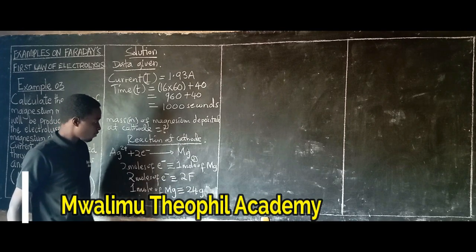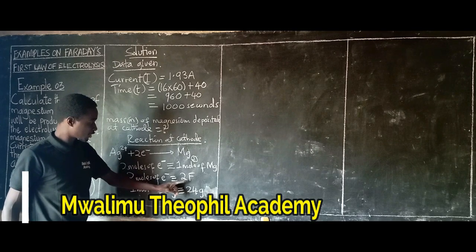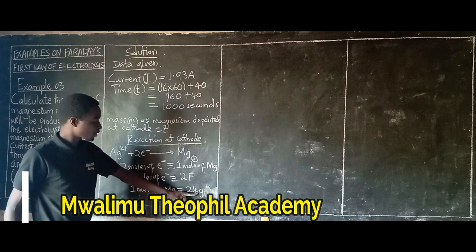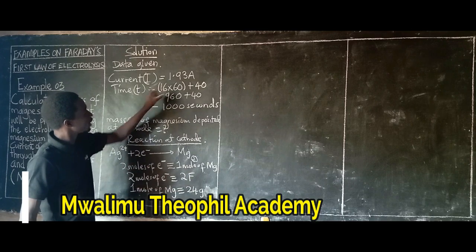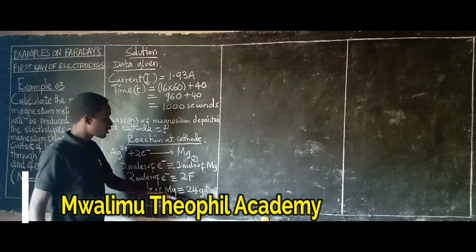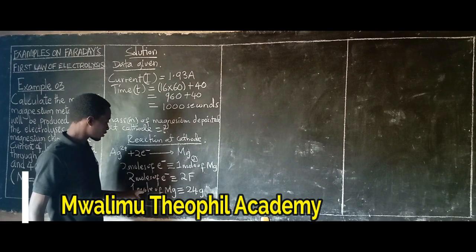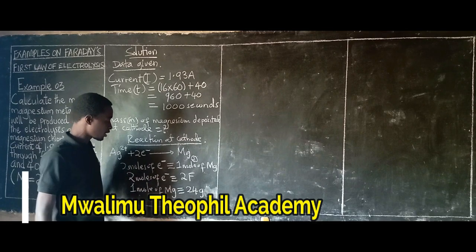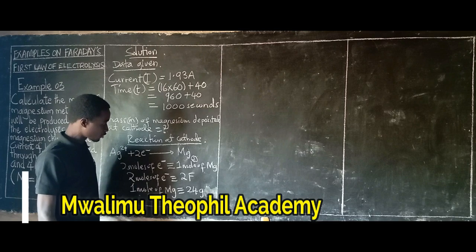So why have I started changing these into Faradays and gram? This is to match with the data which we have. In the question, we are asked to find the mass. So the given moles of magnesium should be changed into mass so as to simplify the road for us to get the required mass.